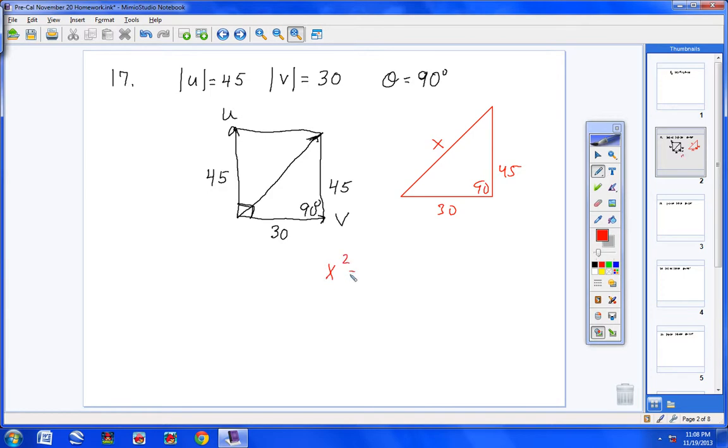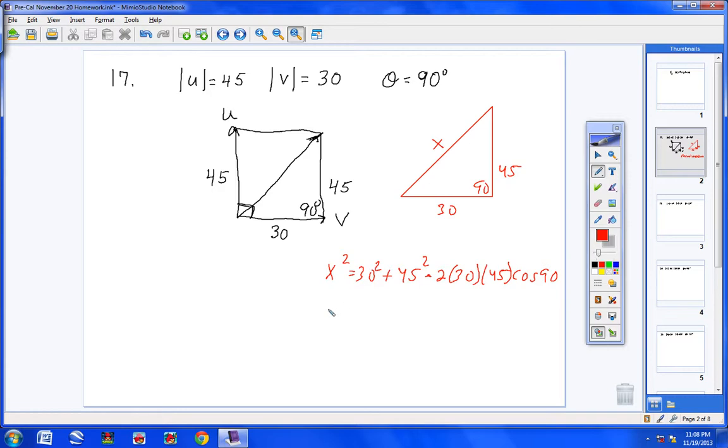So x squared equals 30 squared plus 45 squared minus 2 times 30 times 45 times the cosine of 90. Now I know a perfect math teacher would have already had this done. I do not, so very quickly I'm typing into my calculator 30 squared plus 45 squared minus 2 times 30 times 45 times cosine of 90 degrees.